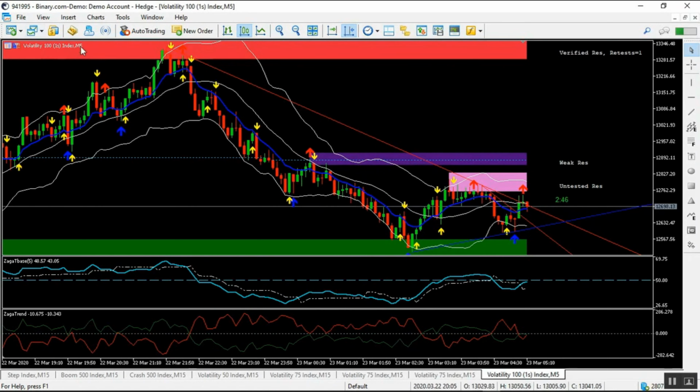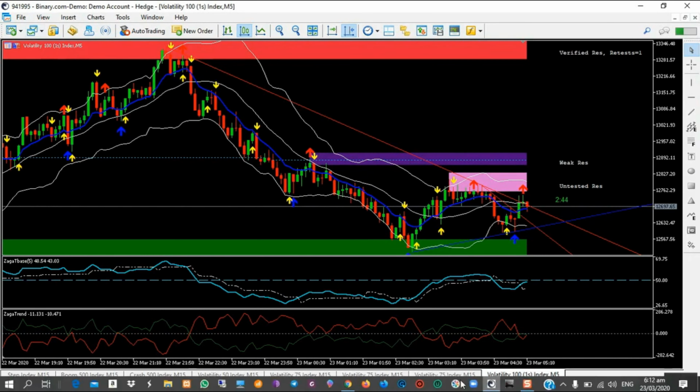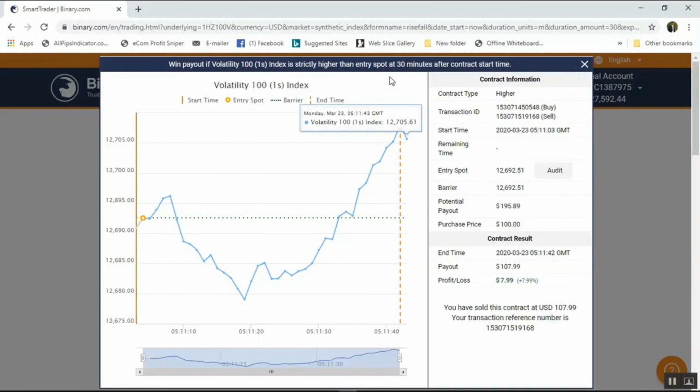This is on 5 minutes time frame, M5. You can come back here and place a trade and wait for it to be in profit and close it off. So when you make 7, or maybe you place this kind of trade 4 or 5 times and make $30 or $50 a day, just go off. Don't overtrade. Take it when you get a good signal on the 5 minutes time frame, depending on the volatility you are trading.